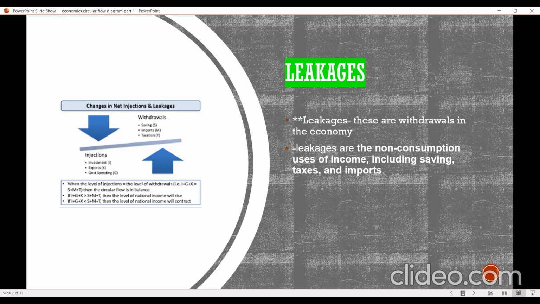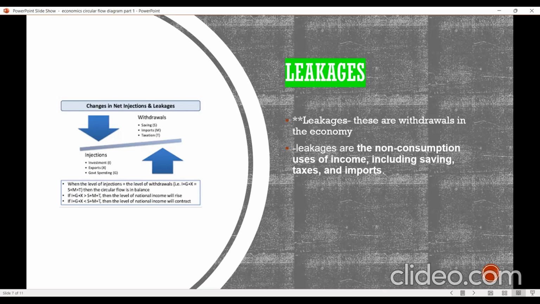Now, taking a greater look in economics, a leakage simply refers to capital or income that diverges from some kind of iterative system. It is usually used in relation to a particular depiction of the flow of income within a system.